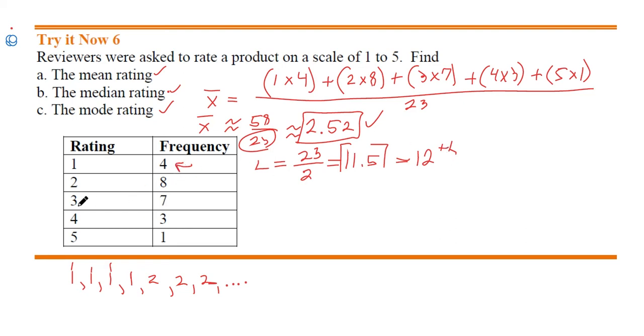The 13th number would be a 3, all the way up to the 19th number. That'd be 7. So just progressively adding these together, 4 plus 8 is 12, plus 7 is 19, plus 3 is 22, plus 1 is 23. Trying to see where the 12th would lie, it's going to lie within the 2s. So the median is a 2.